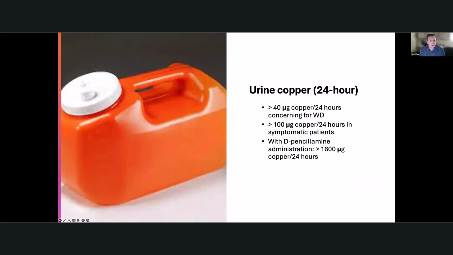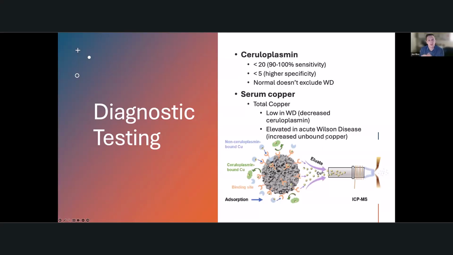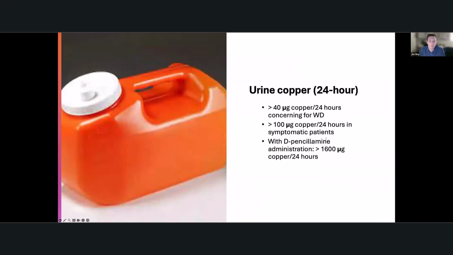As far as the next test after ceruloplasmin, serum copper, and non-ceruloplasmin bound copper testing, if you have it available, is a 24-hour urine copper, which is the most important next step after those screening tests. That's because, for most places that don't have direct non-ceruloplasmin bound copper testing, this is the best way to assess for copper overload in the body.